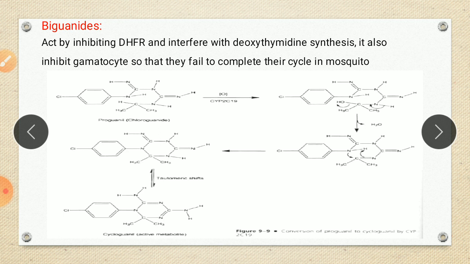It is an important point that biguanides are prodrugs and are not active until they are metabolized in vivo to a dihydrotriazine derivative called cycloguanil. So cycloguanil is the active form of the drug, which is responsible for antimalarial activity. An example of this category is proguanil. So this is the structure of proguanil. Here the activation is important, that is, it is a prodrug and requires activation.